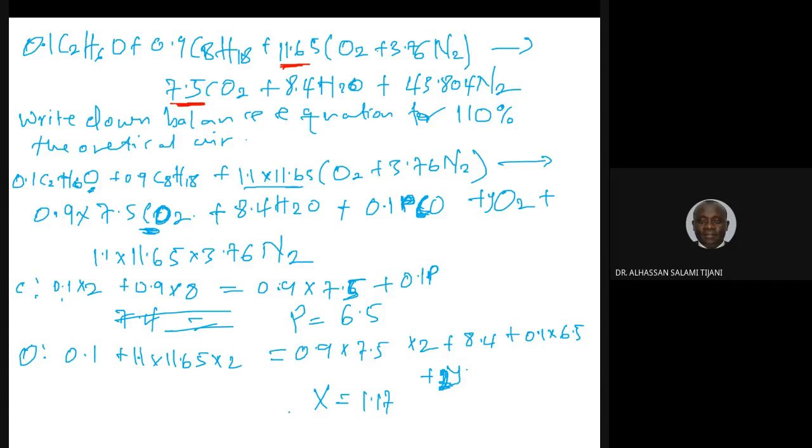We will have 0.1 C2H6 plus 0.9 C8H18 plus, if I multiply all these things, 12.82 oxygen plus 3.76 nitrogen.